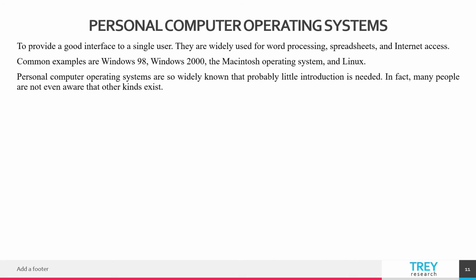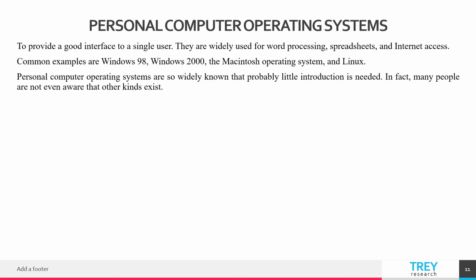It contains word processing, spreadsheets, access, publisher, and so on and so forth, and internet access. The internet part we will talk about in a different lecture. The common examples are Windows 98, Windows 2000, and Macintosh operating system, and also Linux.